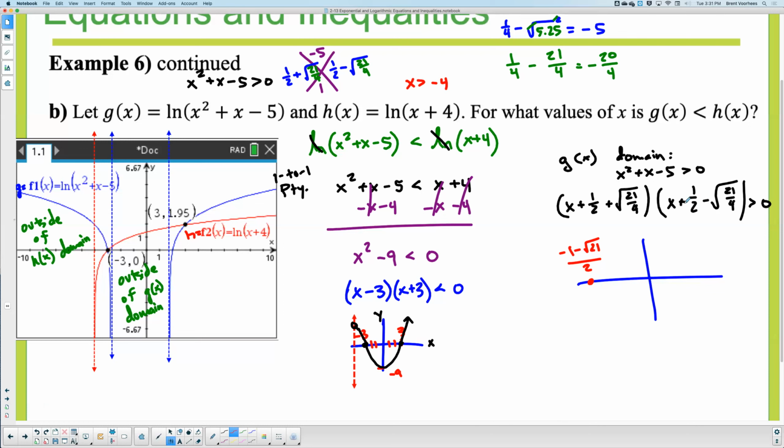And you would also have -1 plus square root 21 over 2. So it'll be a positive number. You would only be looking for the values that are greater. So you're looking on the outside of there.